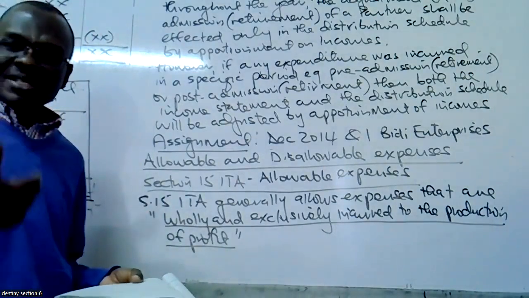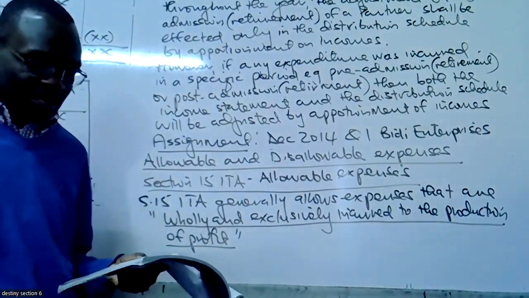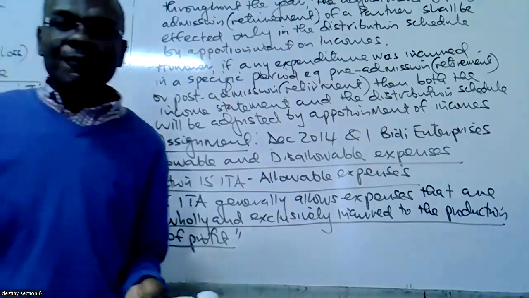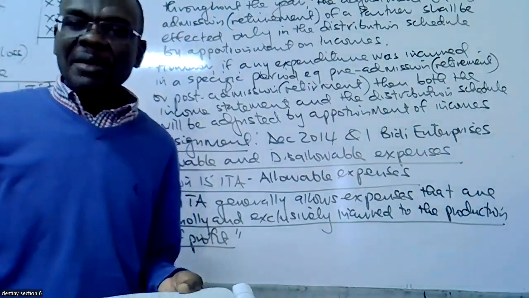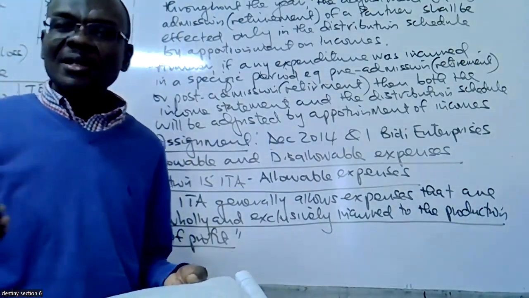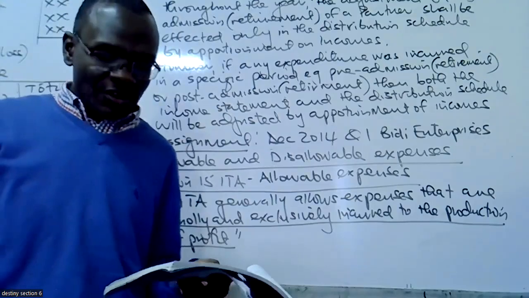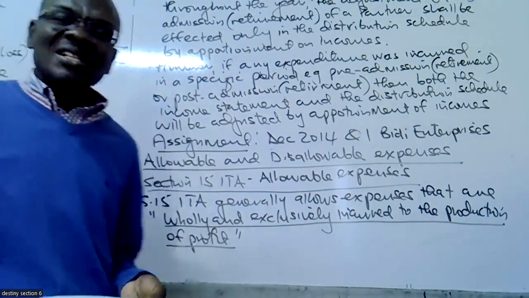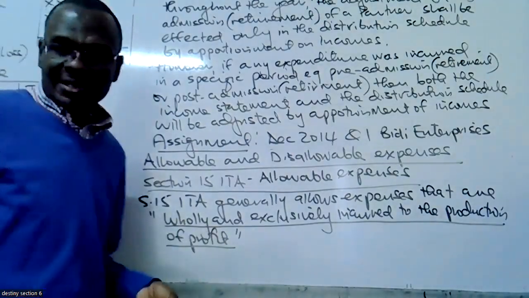You cannot run a business without salaries and wages. Others are payment for purchases of goods, payment for transport, rent, electricity, water, and so on.